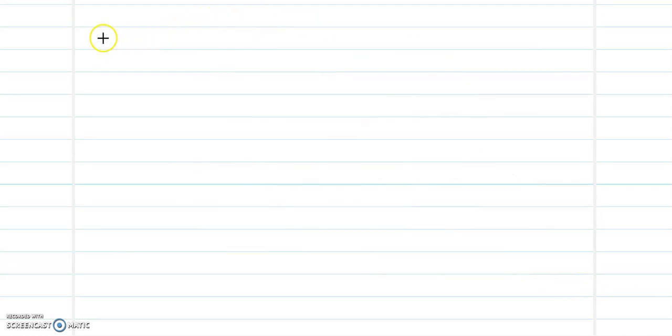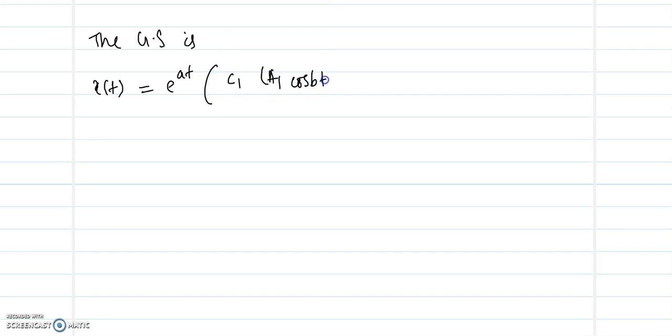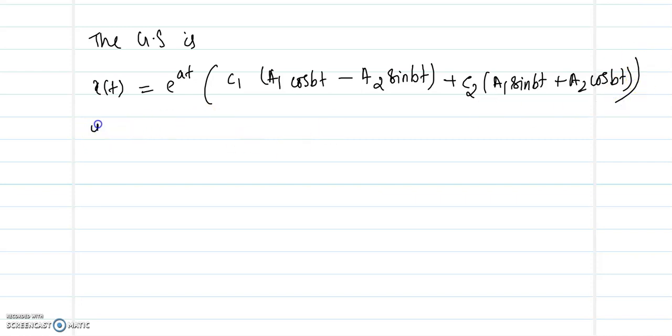Now when this is the form of roots, the general solution is x(t) equals e raised to at into c1 (a1 cos bt minus a2 sin bt) plus c2 (a1 sin bt plus a2 cos bt). That comes from the general theory of finding the solution.